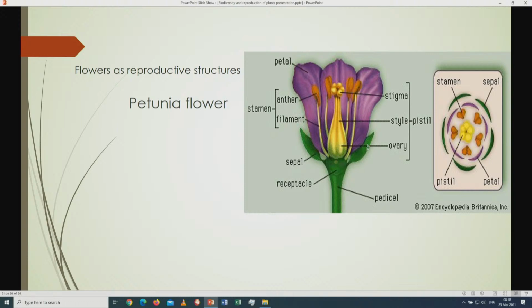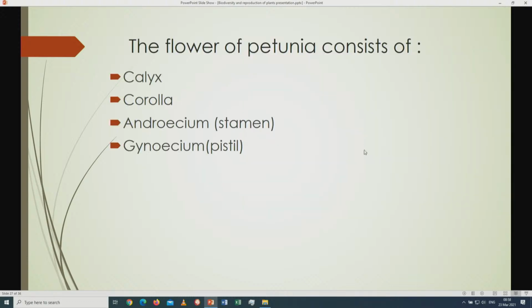And then from there it has this green part which is called the calyx, which is made up of the sepals. As you can see, the sepals are green in color for photosynthesis, for food to be made. And then this colored part, which is purple, is called the corolla. It is made up of the petals to attract the agents of pollination.